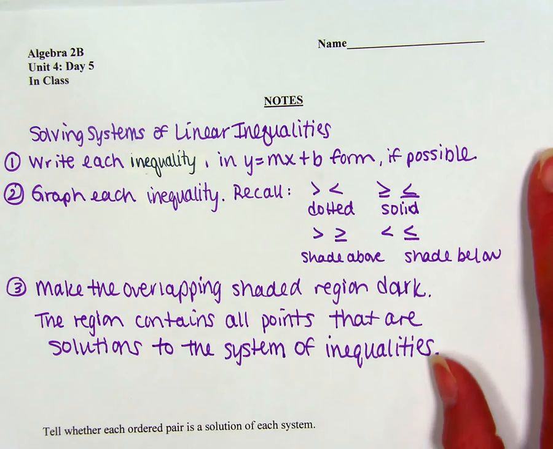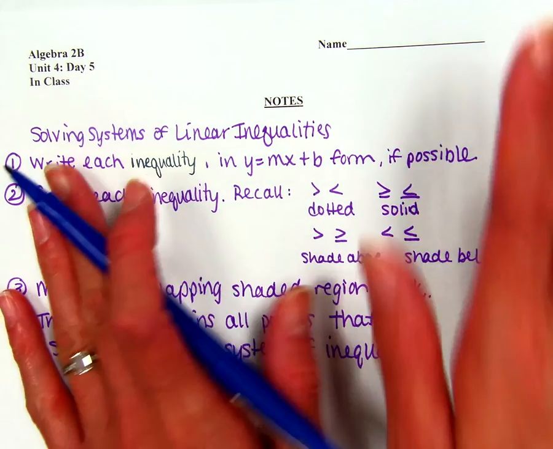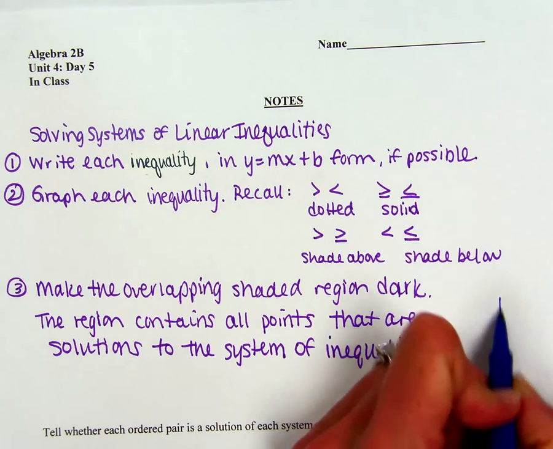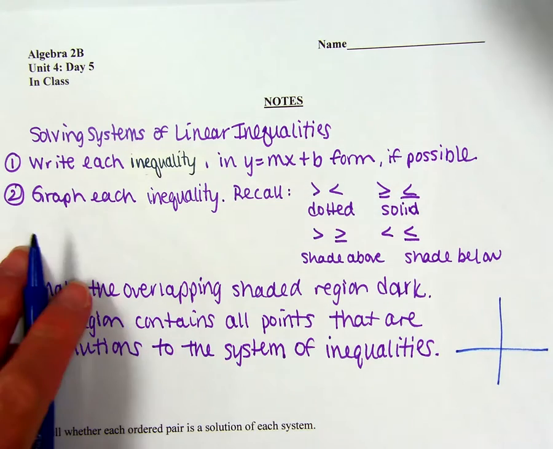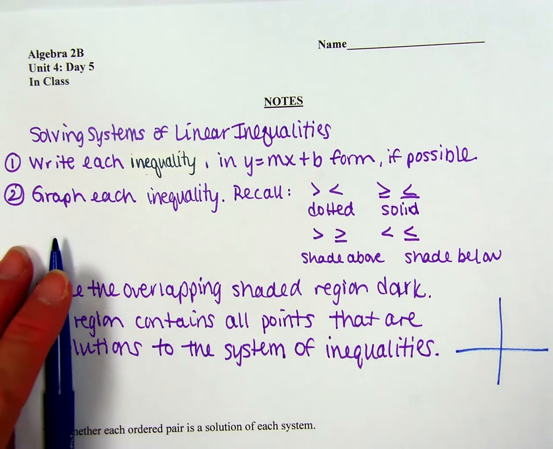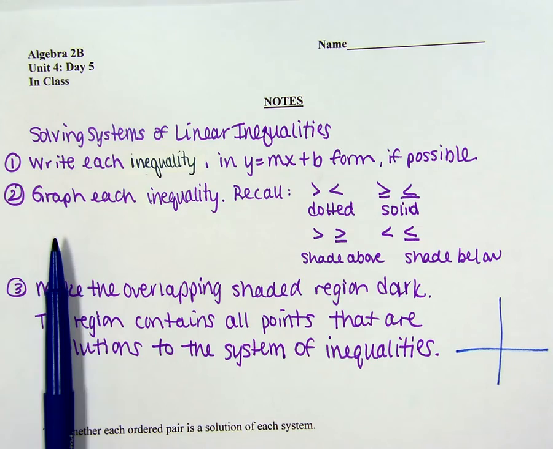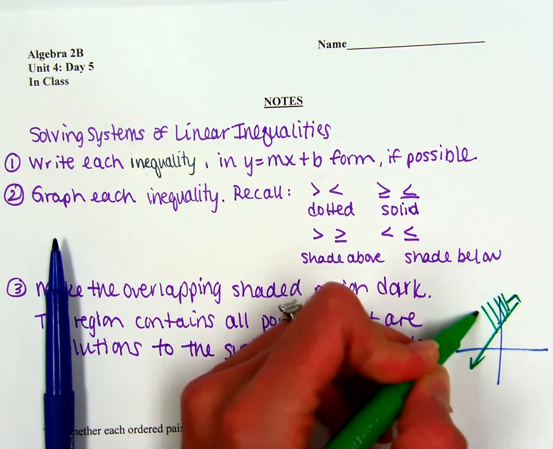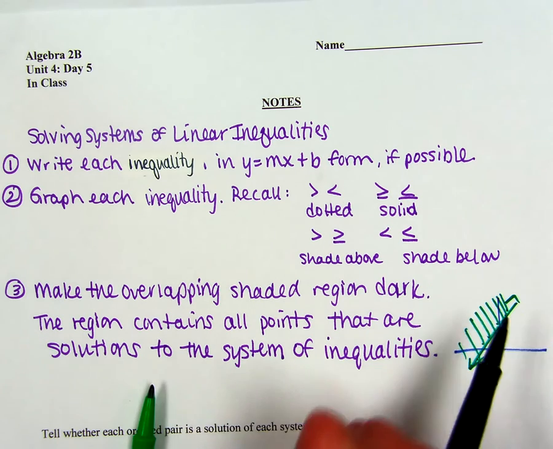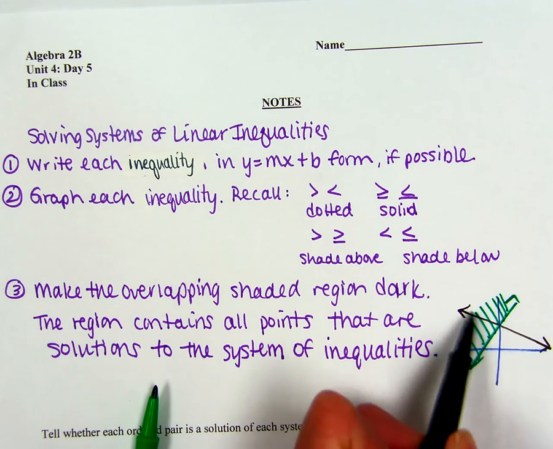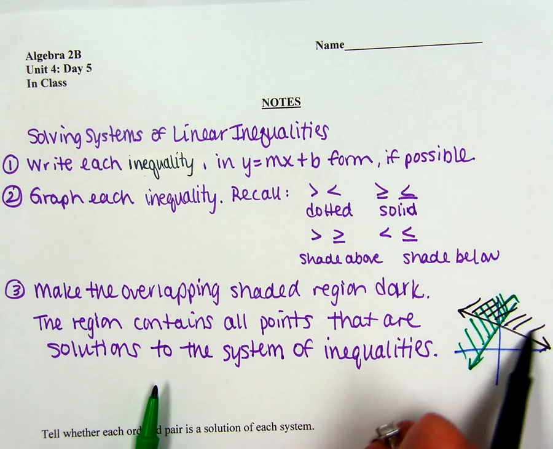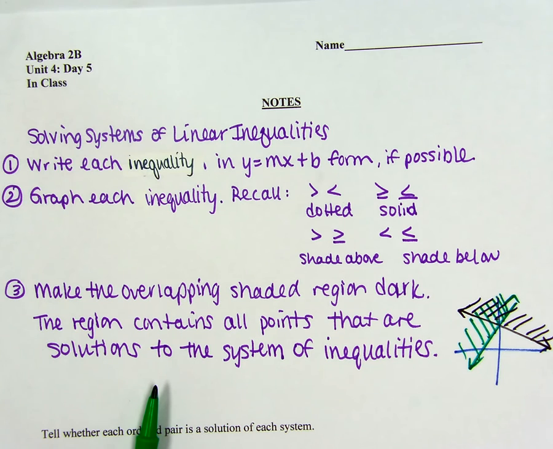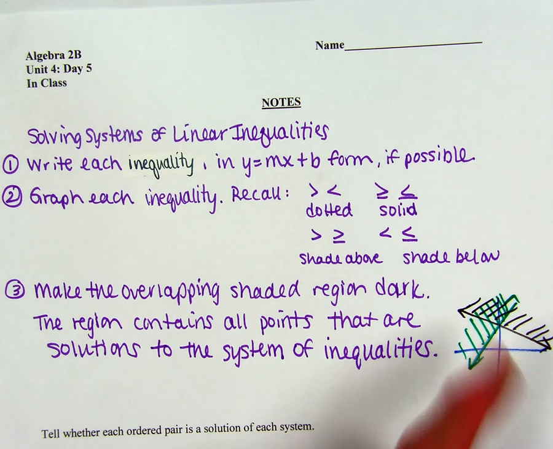Once you have one shaded region and another shaded region, so let's just say we have our graph here, and we have one equation here that goes this way, and another equation here that goes this way. So notice that you have your two shaded areas that touch each other right here.